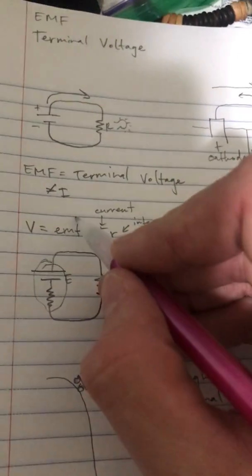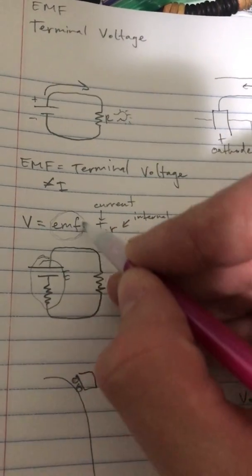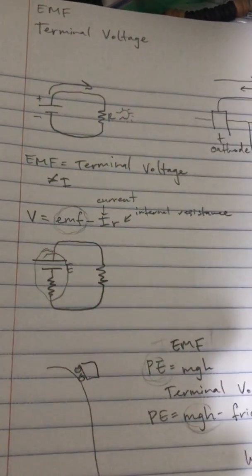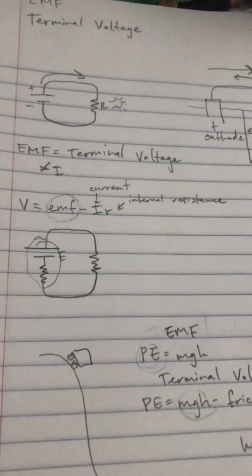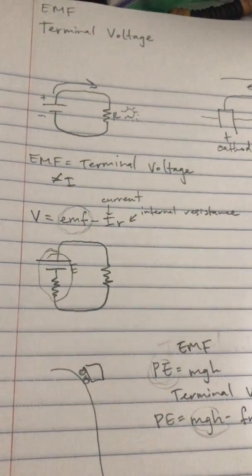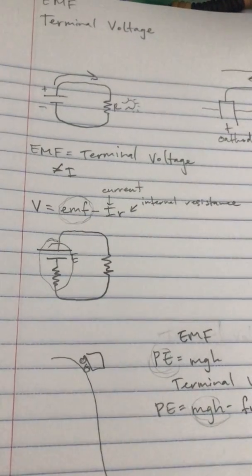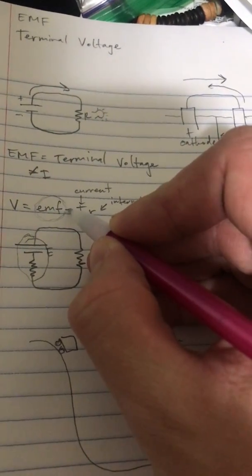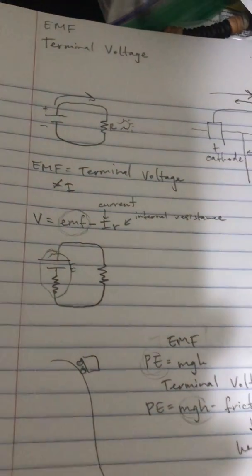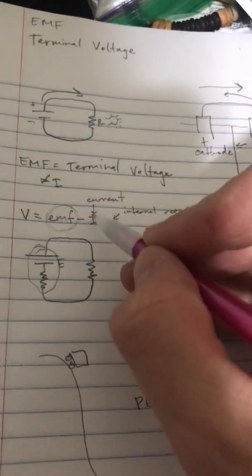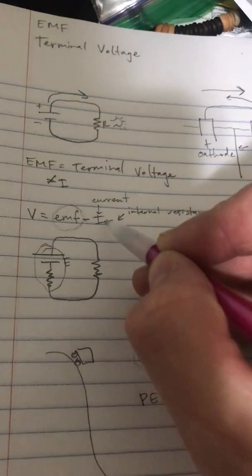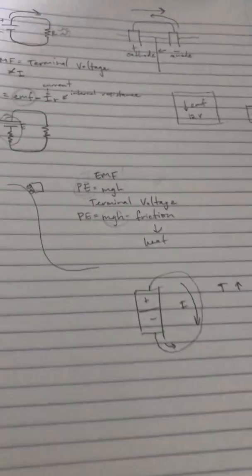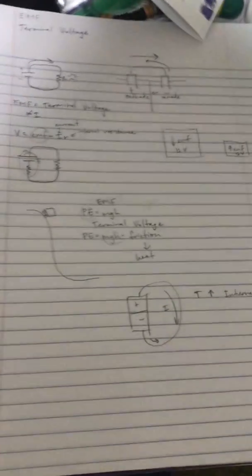So you're going to take the theoretical yield of volts that you would get if there was no internal resistance, or if there was no current flowing, sorry about that. And then you subtract current times internal resistance, okay? So I hope that made sense.